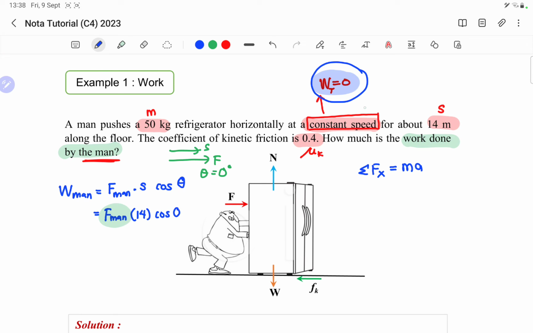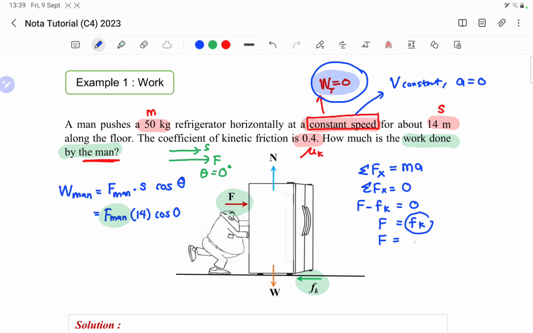But from the constant speed, when v is constant, a equals 0. So it becomes sum of Fx equals 0. Focus on the forces along X: we have F and Fk. So F minus Fk equals 0, F equals Fk. The force has the same magnitude as the friction.